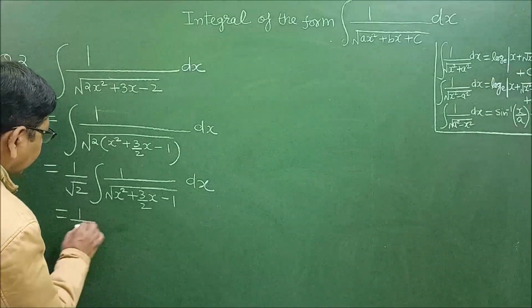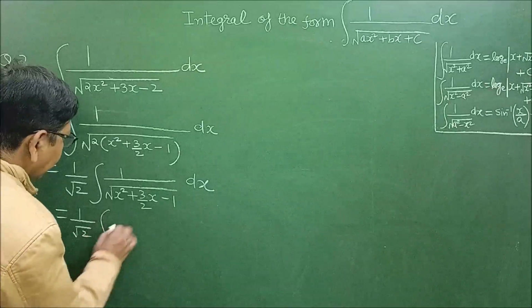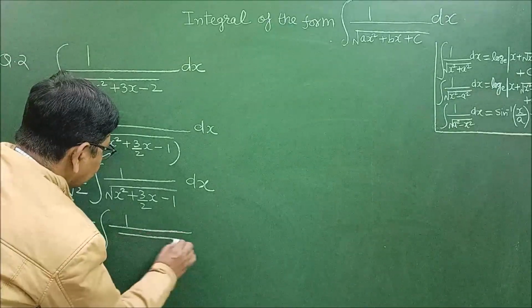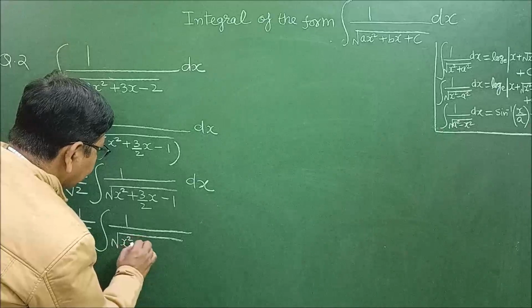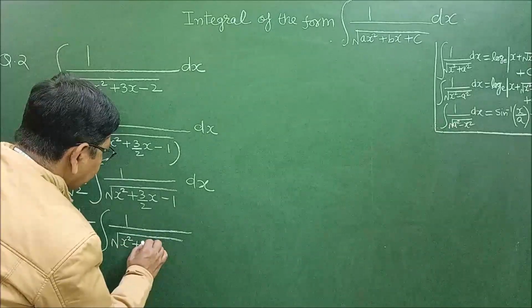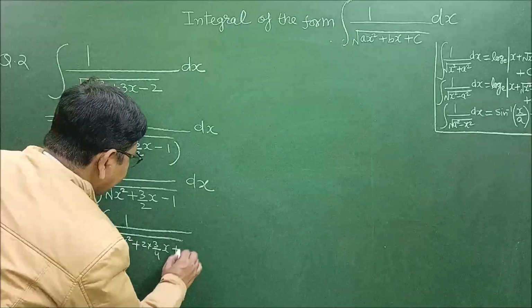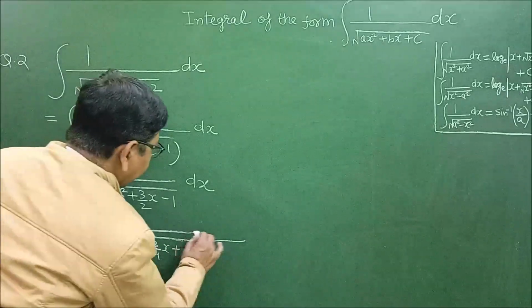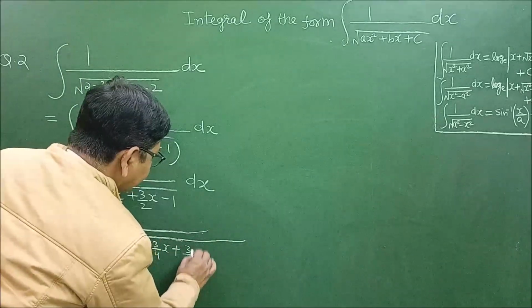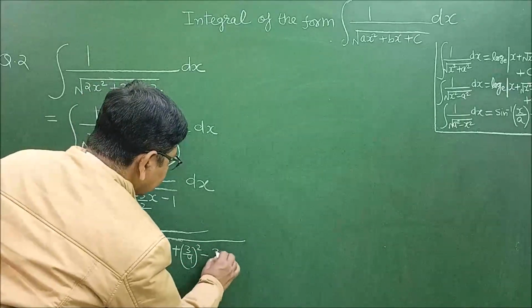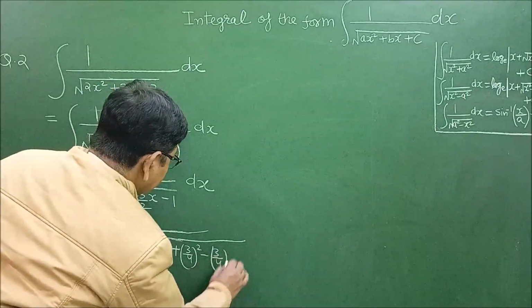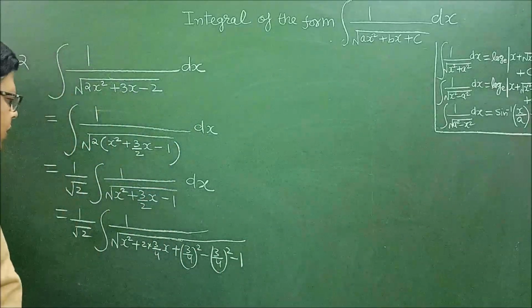So 1/√2 integral of 1/√(x² + 2 into 3/4 x. So adding (3/4)² and subtracting (3/4)², minus 1) dx.